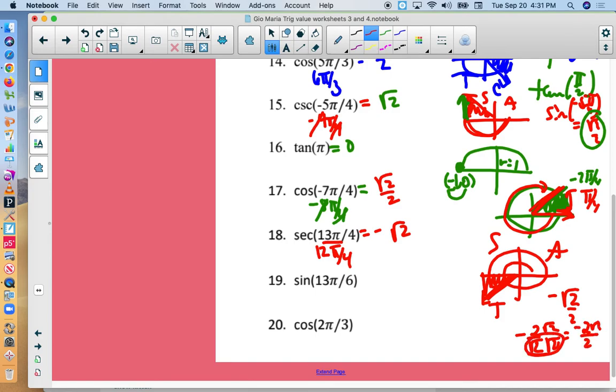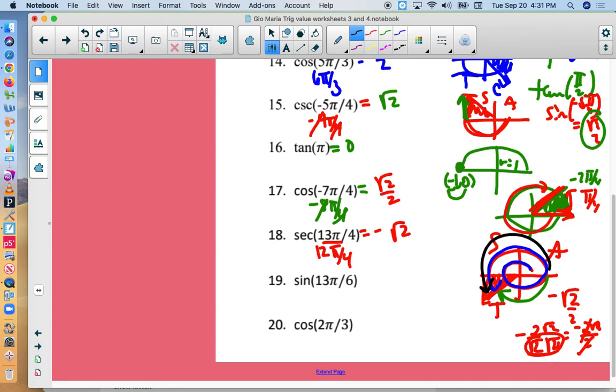This gives you 2, and that just cancels out. And coterminal, this wraps around to negative 13 pi over 4. It's coterminal with just negative 3 pi over 4, or positive 5 pi over 4.